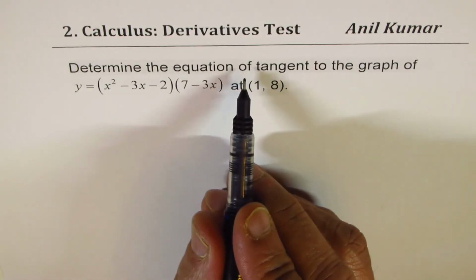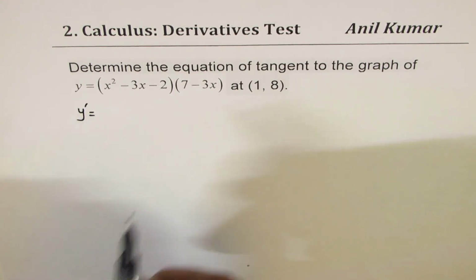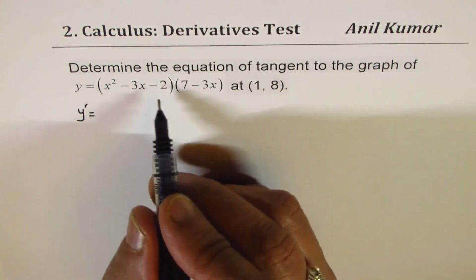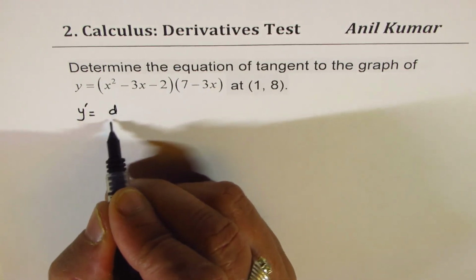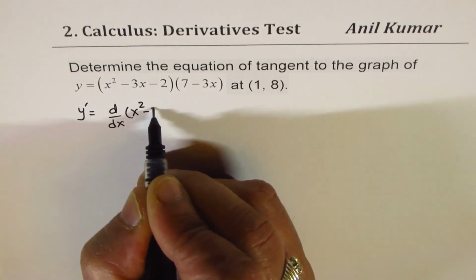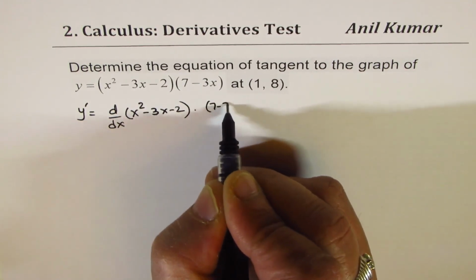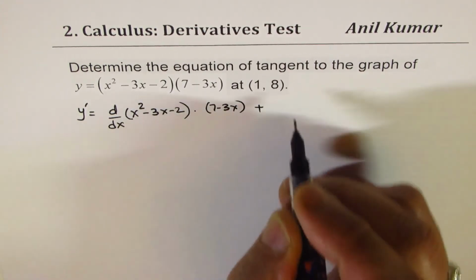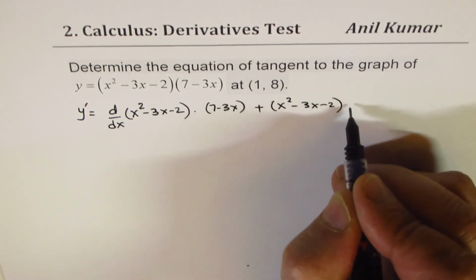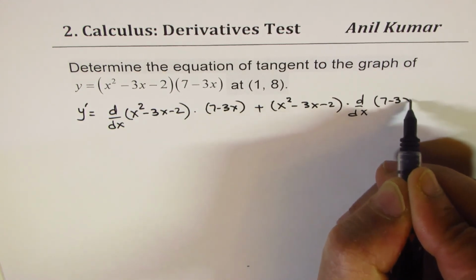So to find the equation of the tangent, we need the slope. For the slope, we need the derivative. In this particular case, we can apply the product rule. That means the derivative of the first function, d dx of x squared minus 3x minus 2, times 7 minus 3x, plus the first function, x squared minus 3x minus 2, times the derivative of the second function, 7 minus 3x, right?